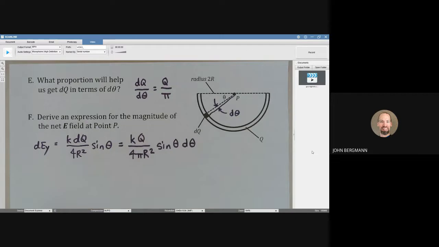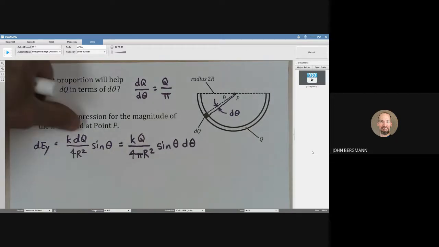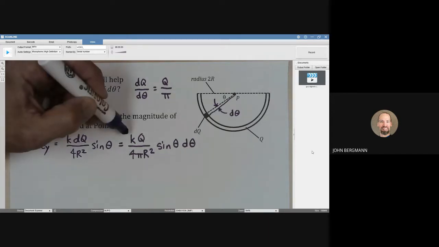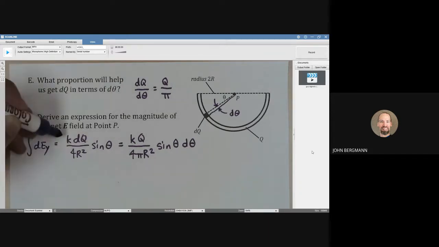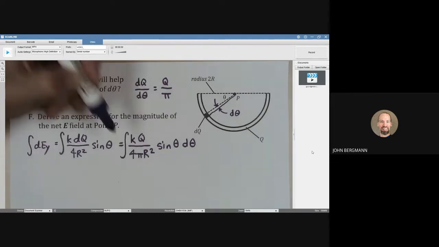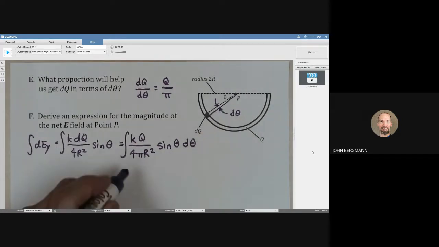You check and make sure that I've got all of that in the right spot. In place of this dq, I've put q over pi, and then I put a d theta in there. And so now what we're going to do, isn't it true? We want to integrate all of this to get our total Ey. And we're going to integrate, you can see, from theta equals 0 to theta equals pi.